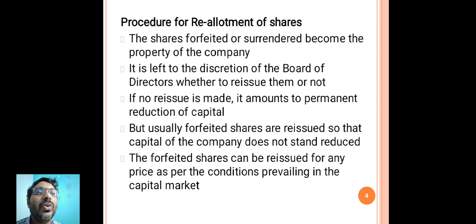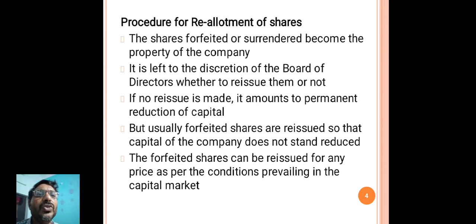So what does it mean when no reissue is made? If the board of directors doesn't want to reissue the forfeited shares, the amount of those shares will be a permanent reduction of capital. The capital is reduced because the forfeited shares are not reissued.